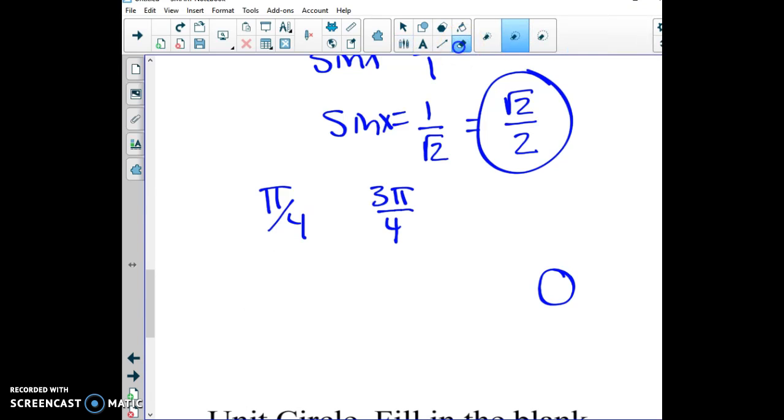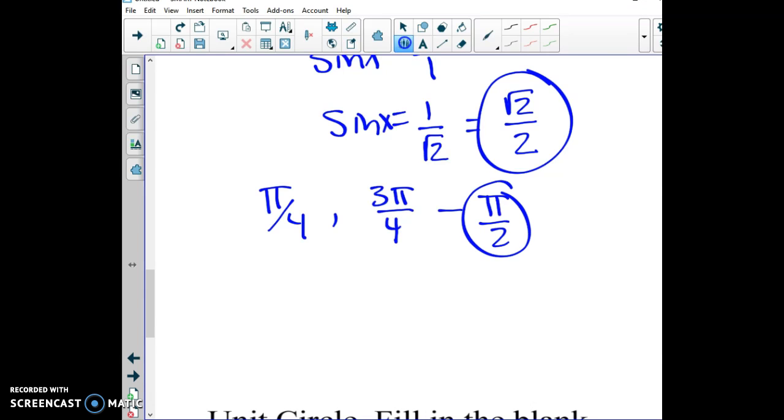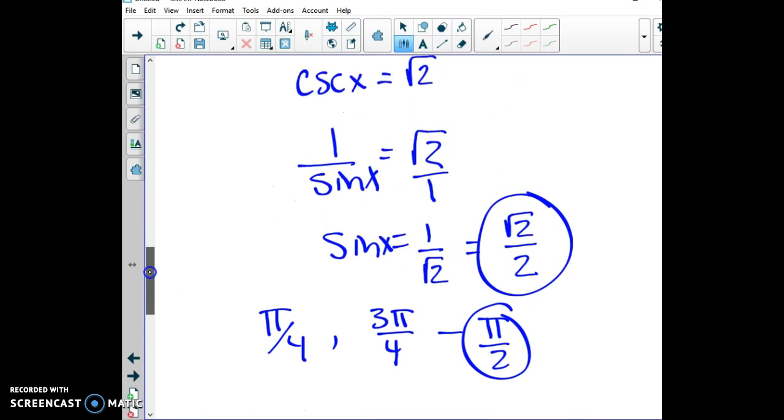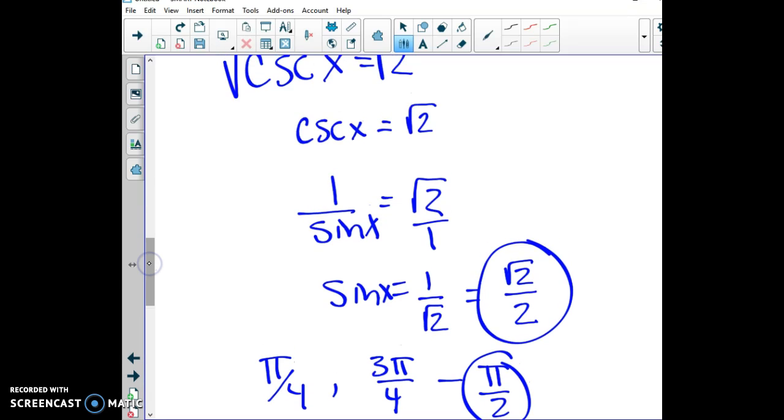And those would be our two solutions for that. And I'd like you to notice they have a difference of 2 pi over 4, or pi halves. So the angle whose sine is square root of 2 over 2 is 45 degrees, plus 90, 135.